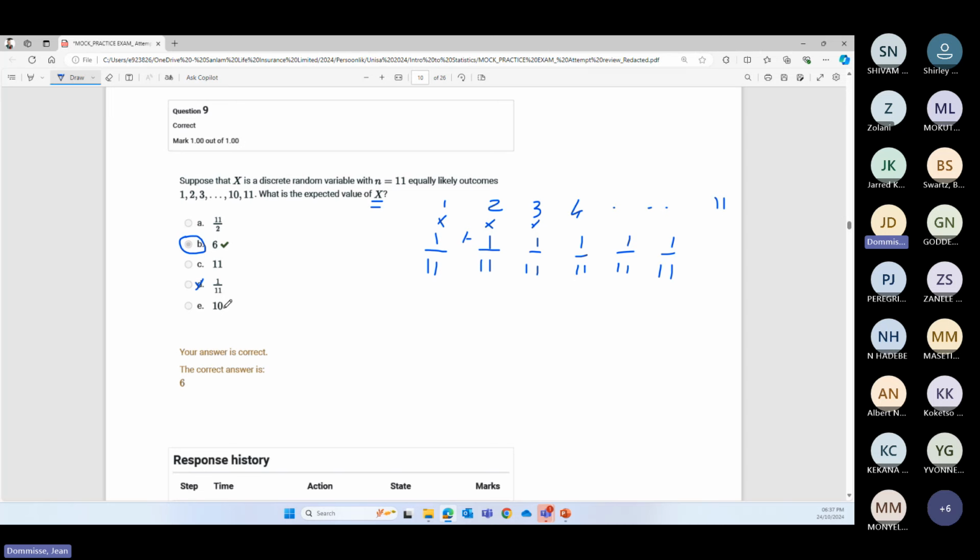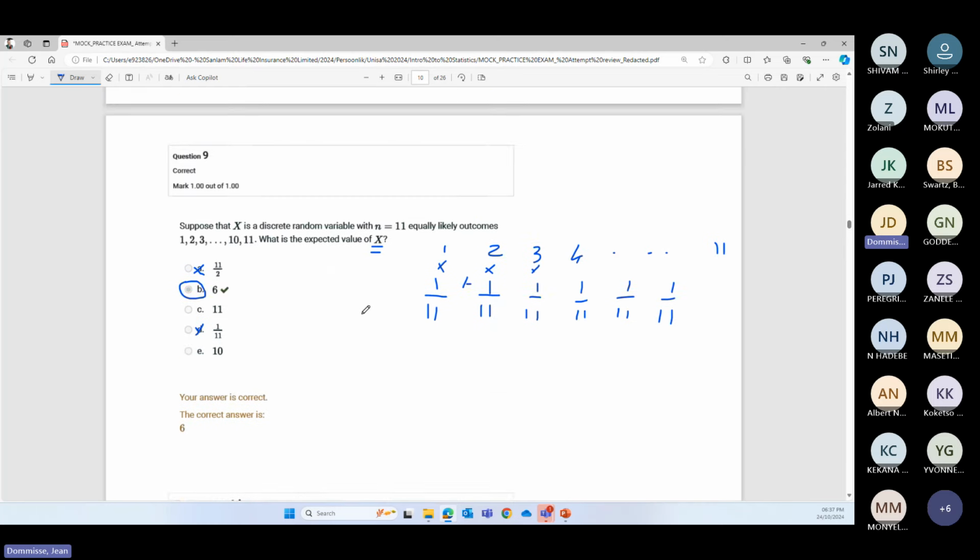So 10 or 11 might be, and it's interesting, 11 over 2. I don't know how they would have gotten to that. So I would nearly have eliminated A and D, but then unfortunately you need to work this out to get to 6, 10, or 11.